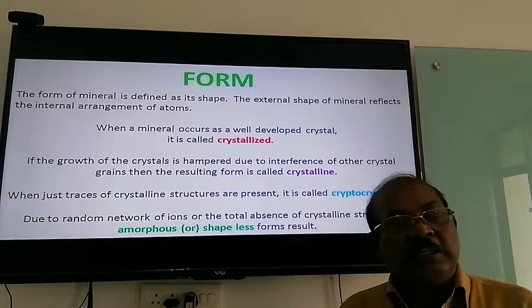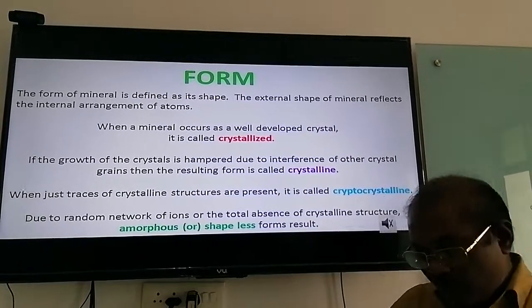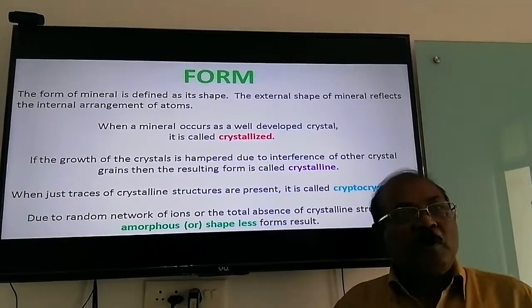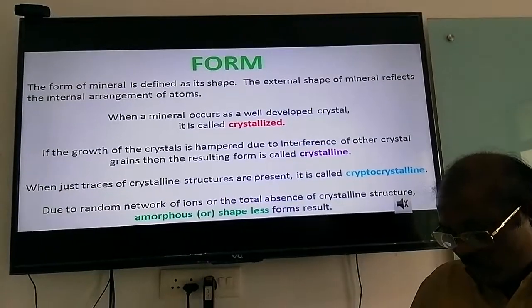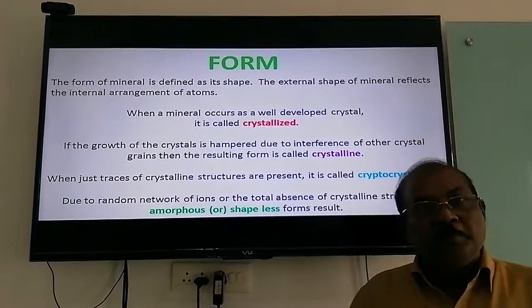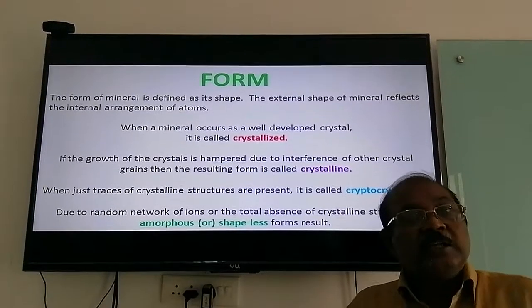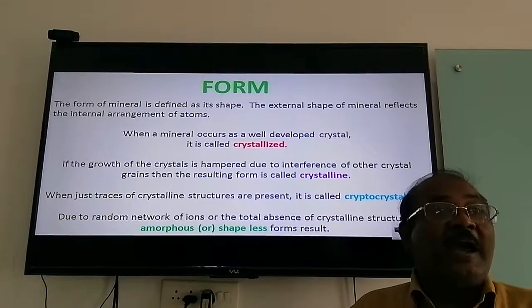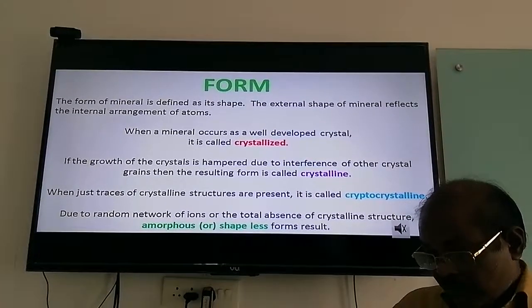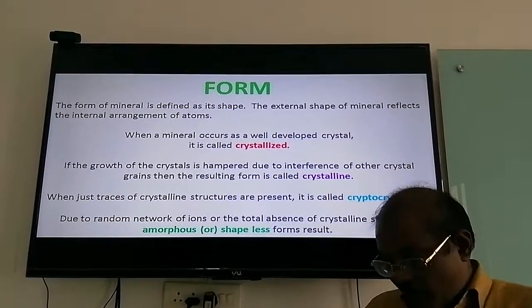Coming to another property, form. Simply, the form of a mineral is defined as the shape of the mineral. So, the external shape of the mineral certainly reflects the internal arrangement of atoms. That is the meaning of form.